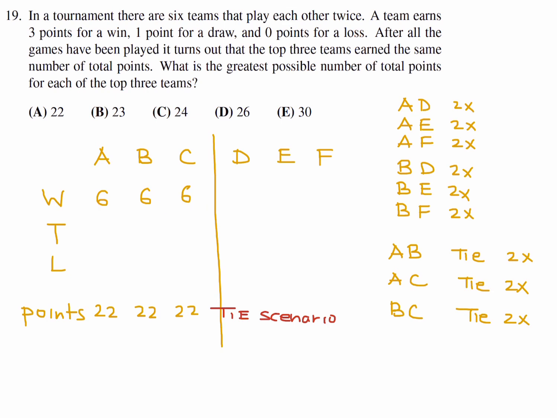So we've got 4 more games to account for. So in order to get equal, I'm going to assign 2 more wins to each of these guys, and then 2 losses here. So that would make it 8 and 2. And then there's no ties. And then over here, since we have a total of 8 times 3, that's 24 wins.